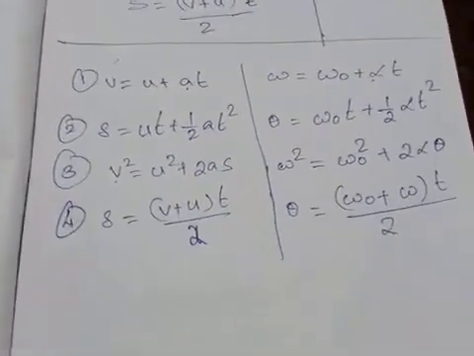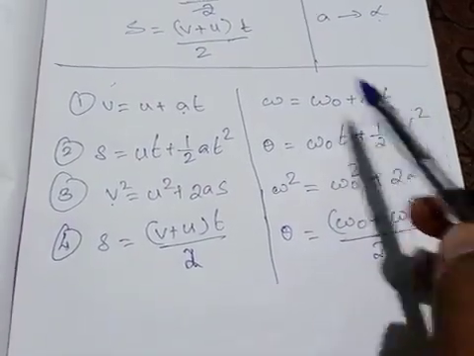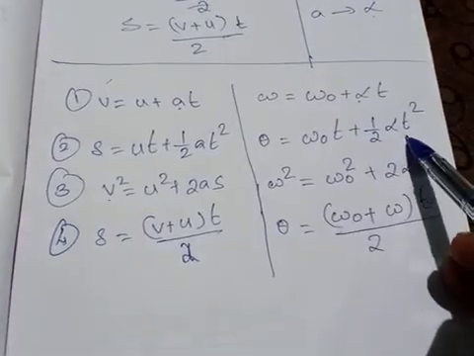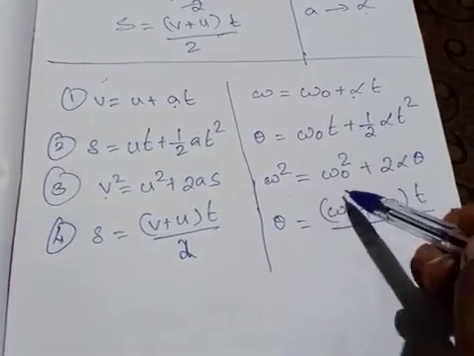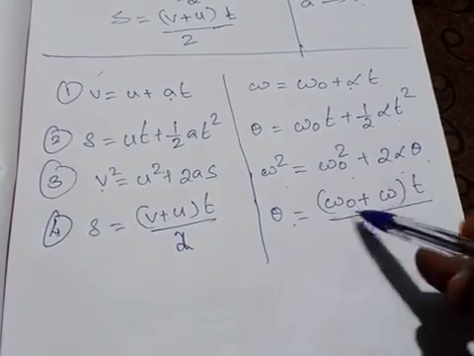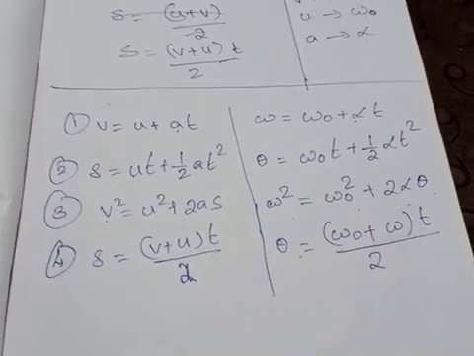So these are the four equations: omega is equal to omega 0 plus alpha t, theta is equal to omega 0 t plus half alpha t square, omega square is equal to omega 0 square plus 2 alpha theta, theta is equal to (omega 0 plus omega) into t by 2.